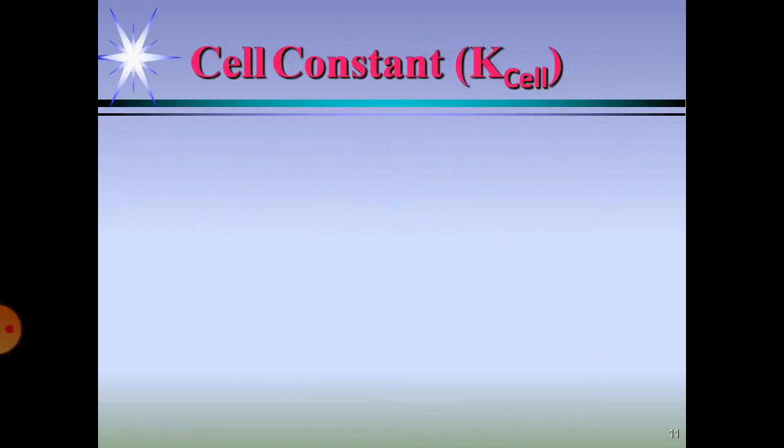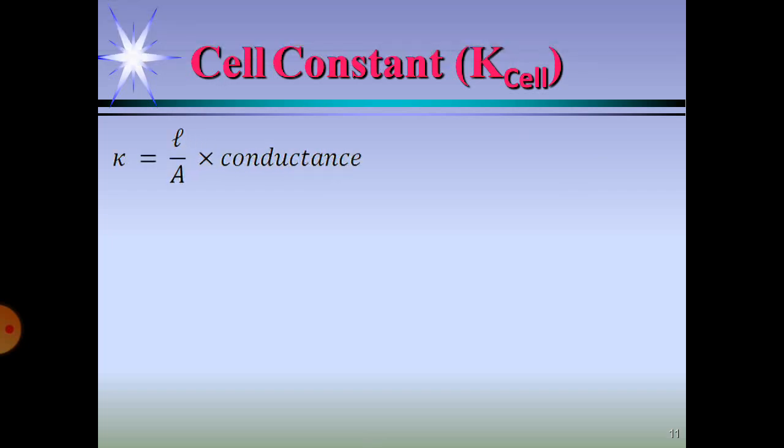Then how to measure the molar conductance and equivalent conductance? We will see it now. For that we use a special device called the conductivity cell, and we know that specific conductance kappa is equal to L by A into conductance.